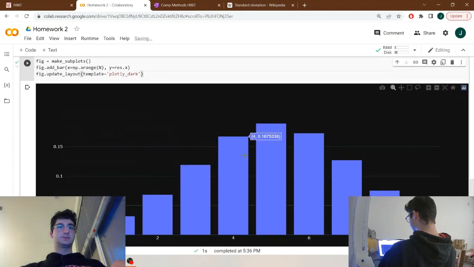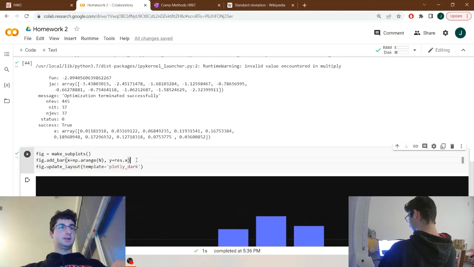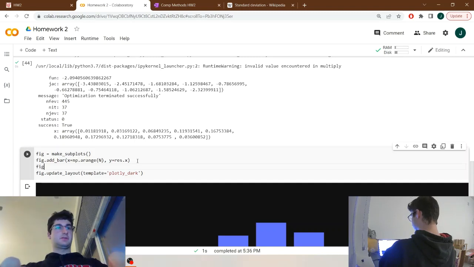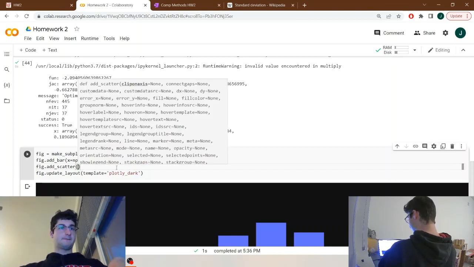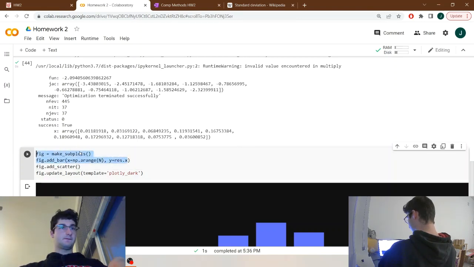Okay, so we got this bar graph. And if we wanted to make it more clear, we could do dot add scatter. Use these same guys.